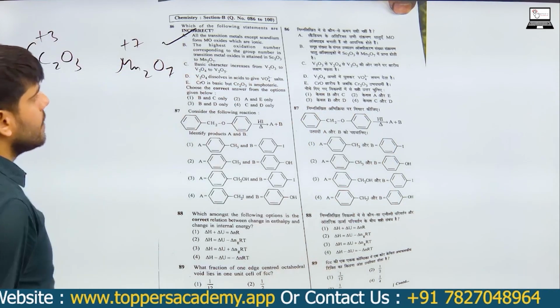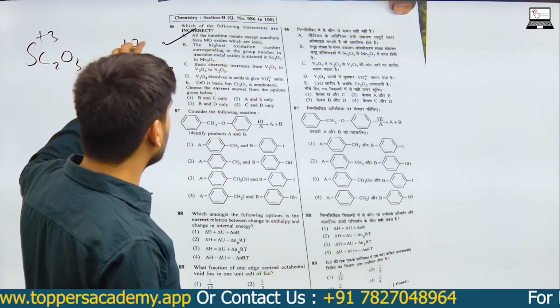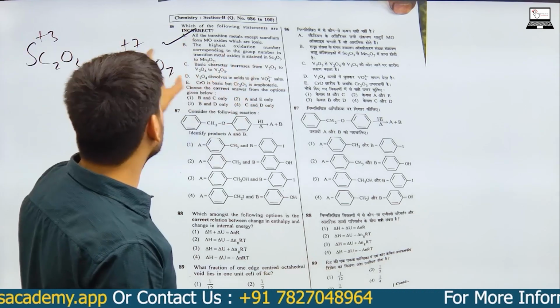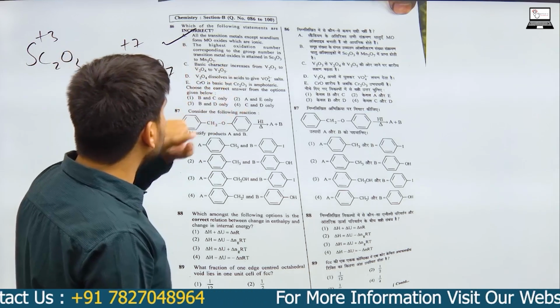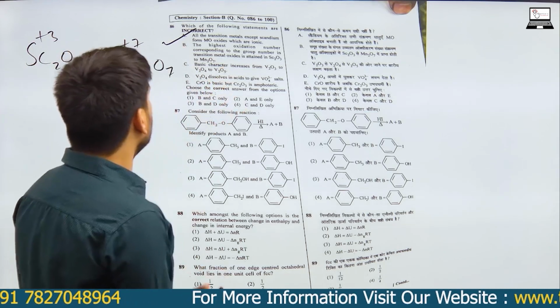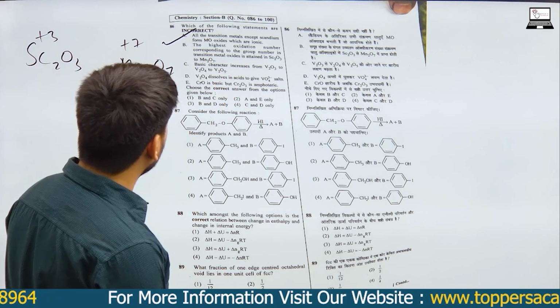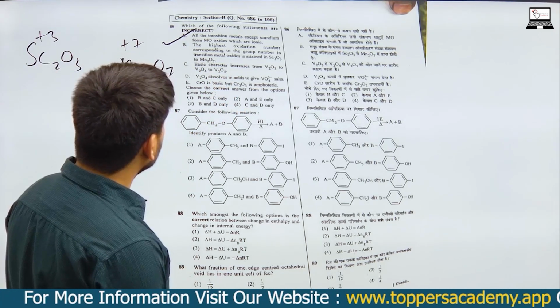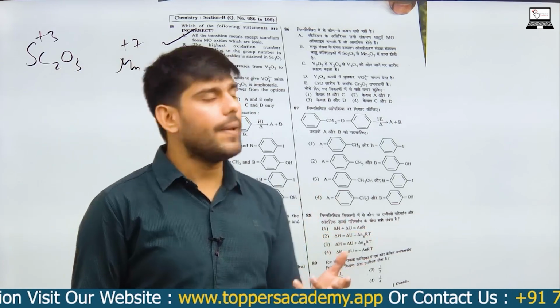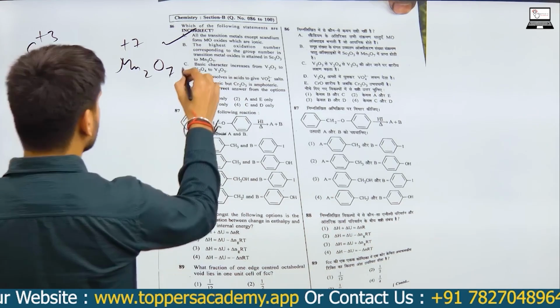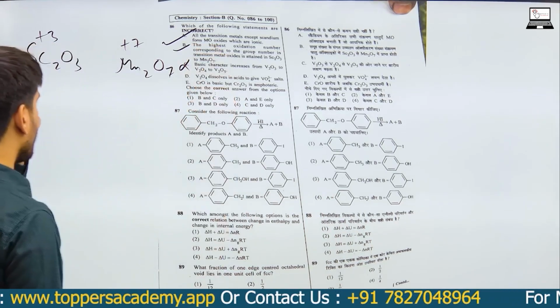Basic character increases from V2O3 to V2O4 to V2O5. Now this is wrong, because lower the oxidation state, more will be the basic character. So this statement is not true. Second is correct. Third is not true.